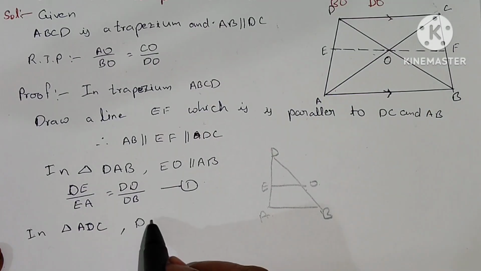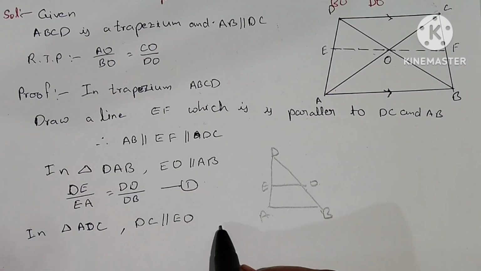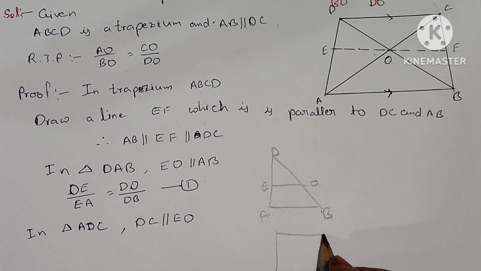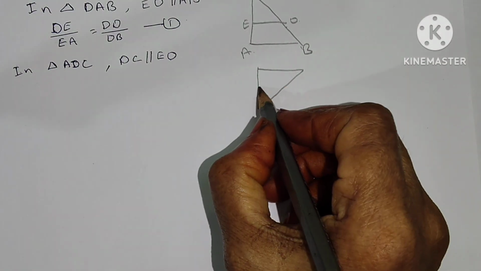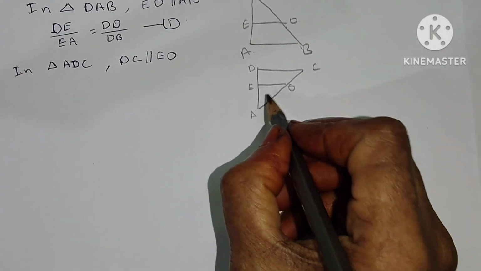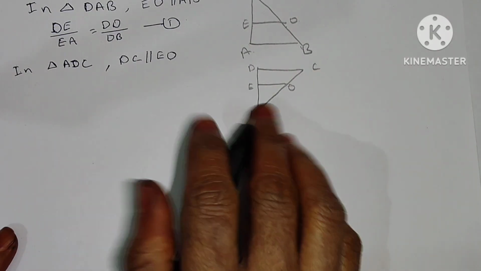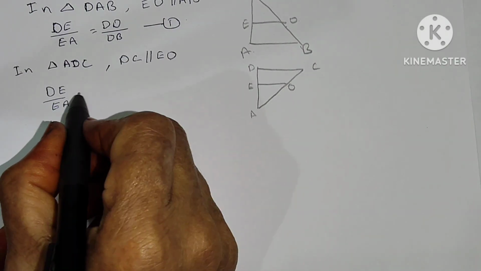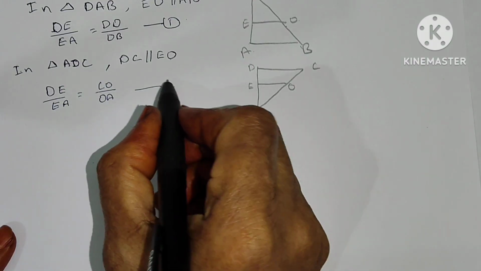So we draw the subdiagram, EODCA. Here we apply the basic proportionality theorem: DE by EA equal to CO by OA. So this is the equation 2.